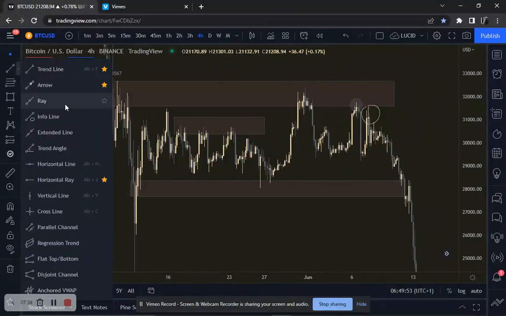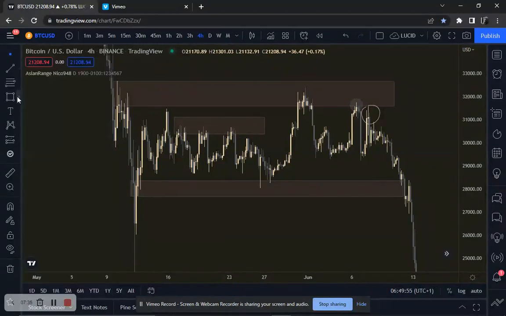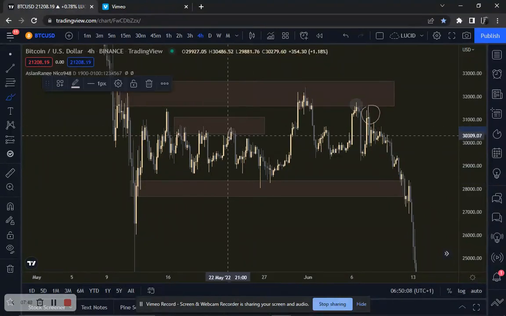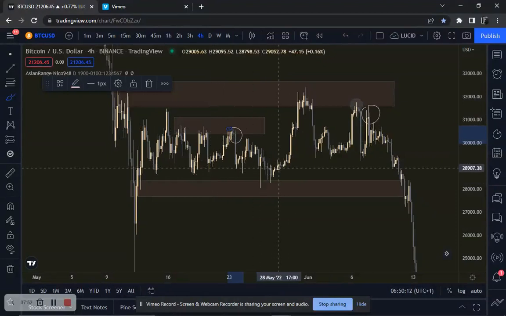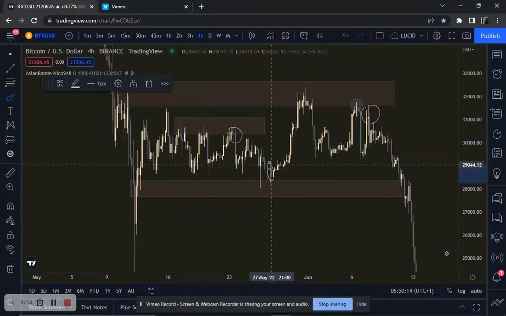Okay, what do we get right here? We actually got this doji right here. Price dropped. We got this doji right here.